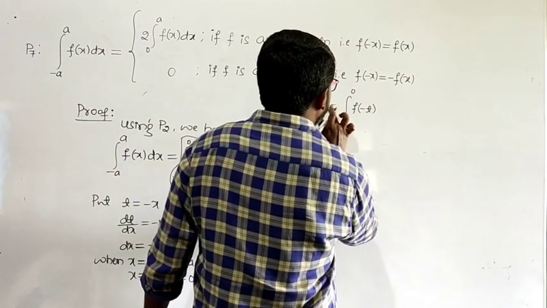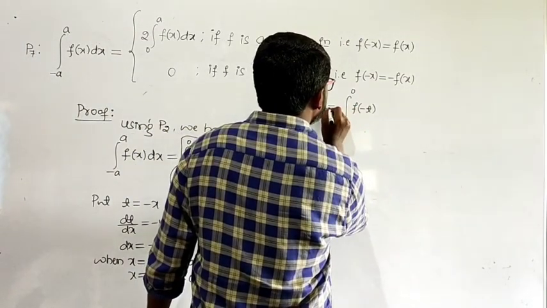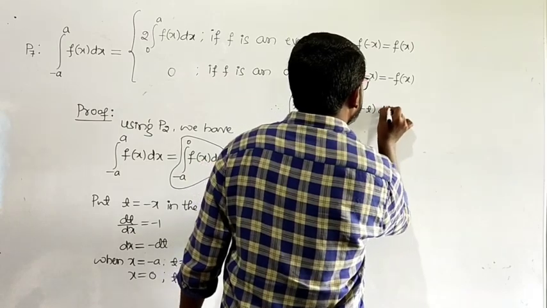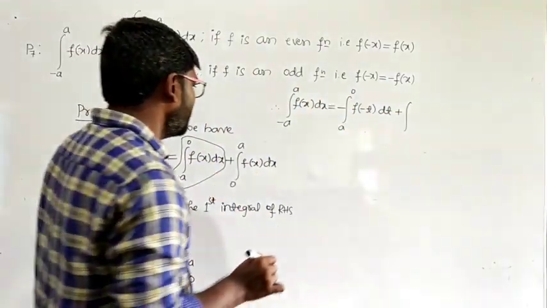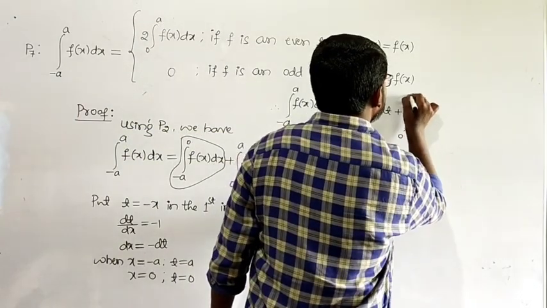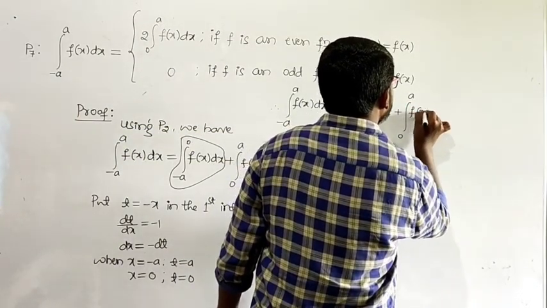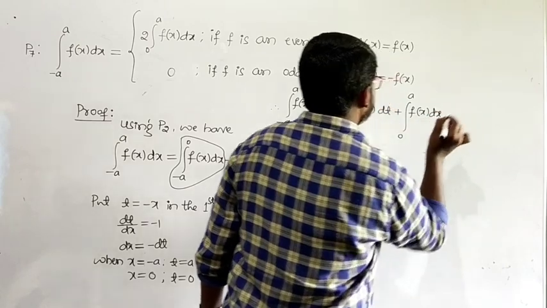I will be writing that minus sign outside the integral, then dt, plus write this second integral as it is, 0 to a f of x dx.